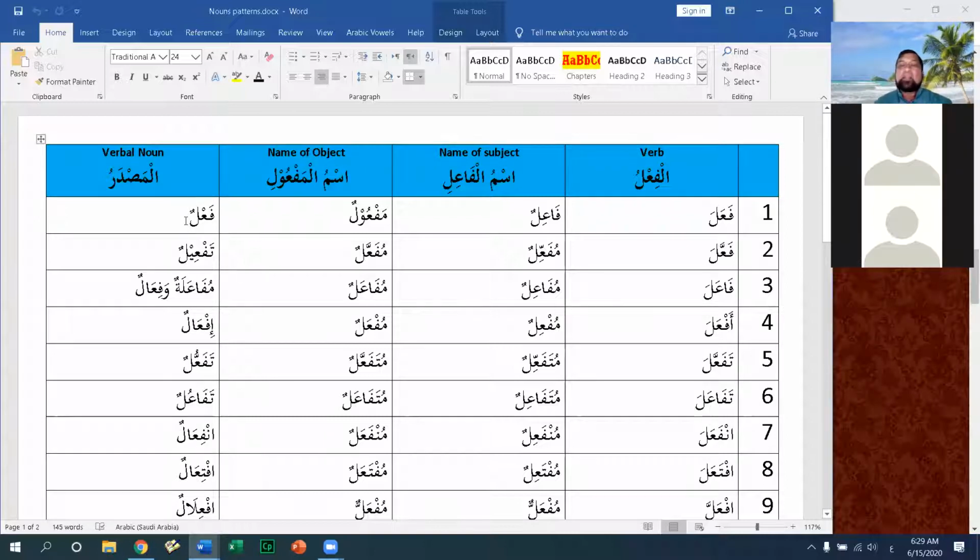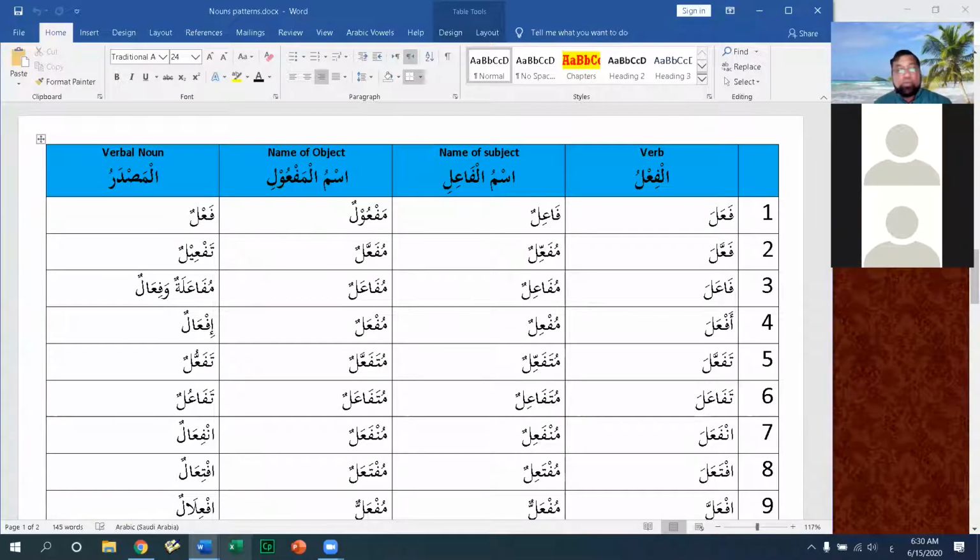For example, nasara, nasrun, or nasran. The masdar is on fa'lun, or qatala, qatlun, or darasa, darsan. So the pattern of fa'lun is one of the patterns, but there are many.